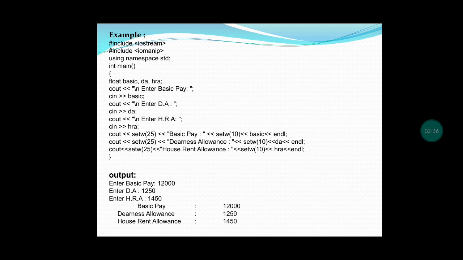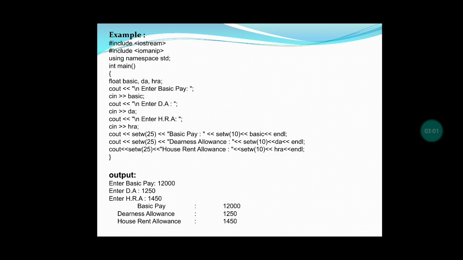In this example, we are getting the input from the user: basic pay, DA and HRA. After that, we are printing the basic pay, dearness allowance and house rent allowance. Here, before the basic pay we have used setw of 25 and after the basic pay we have used setw of 10.